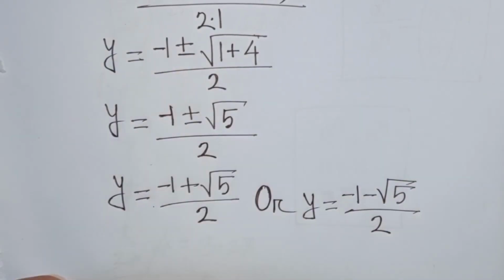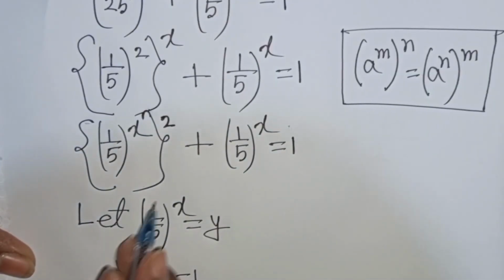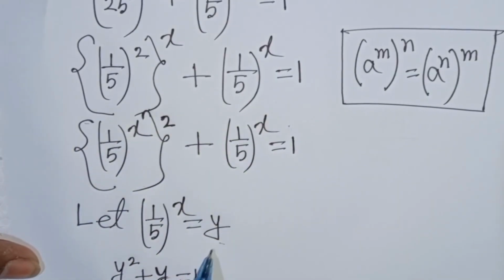But remember that y, that means 1 by 5 bracket power x, is substituted by y.